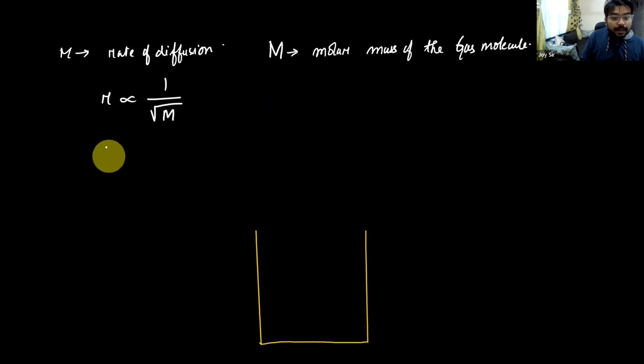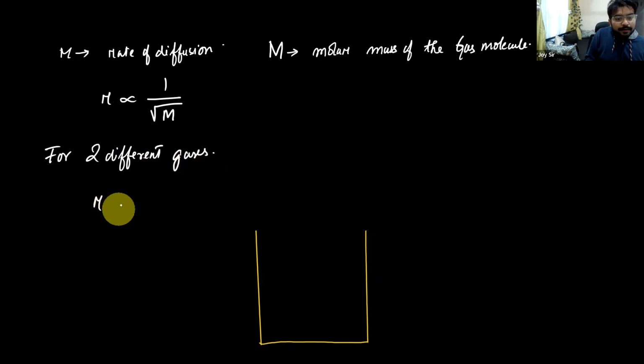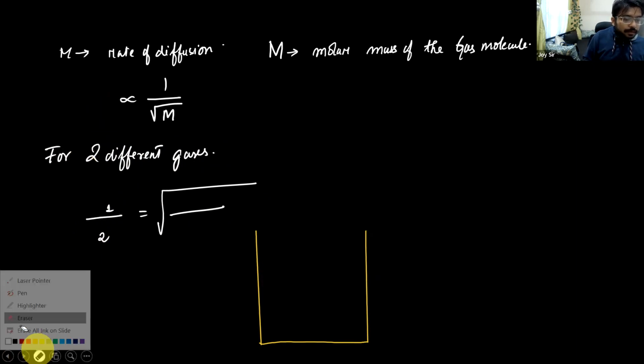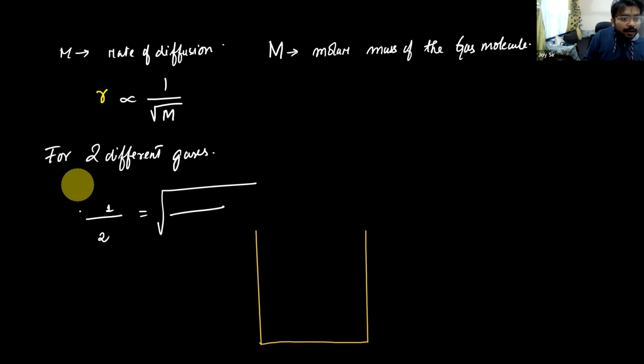So if we compare two gases, gas A and gas B, which will spread faster? For two different gases, the rate of diffusion of the first gas divided by the rate of diffusion of the second gas is equal to root over, inversely proportional to their molar mass.